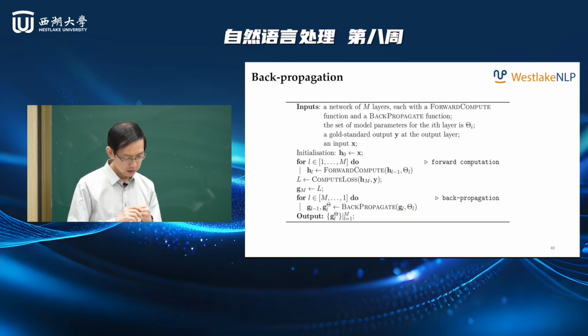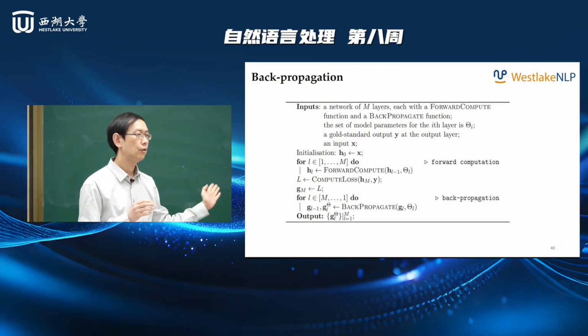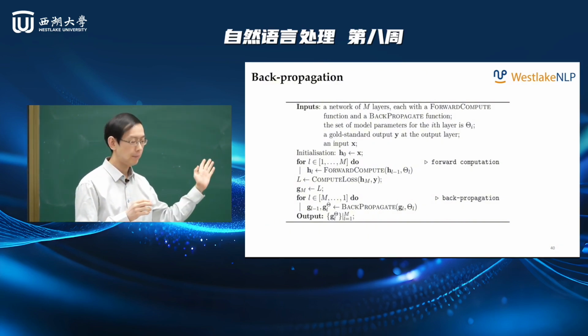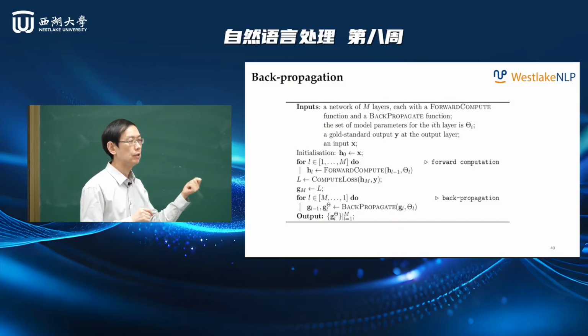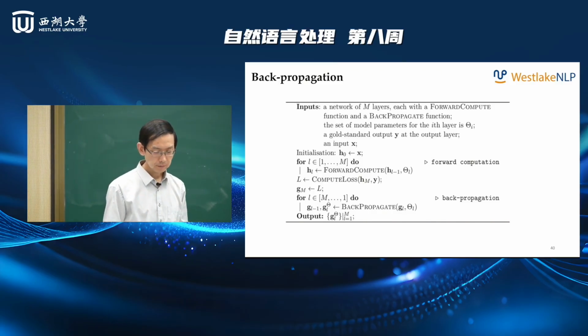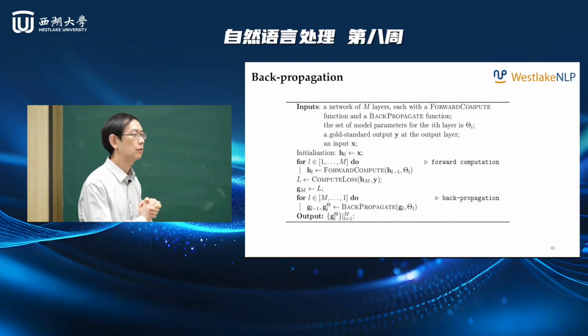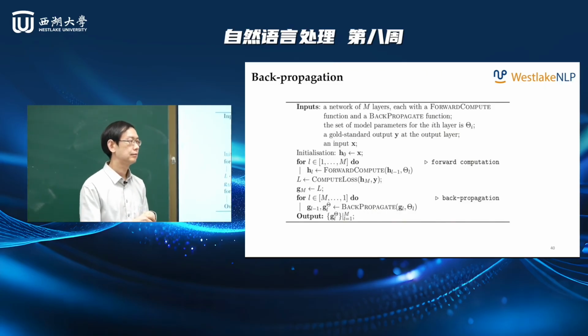You randomly initialize your parameters. Then for every instance, you do a forward computation and a round of backpropagation, in which each layer is responsible for defining its own rules. Done.